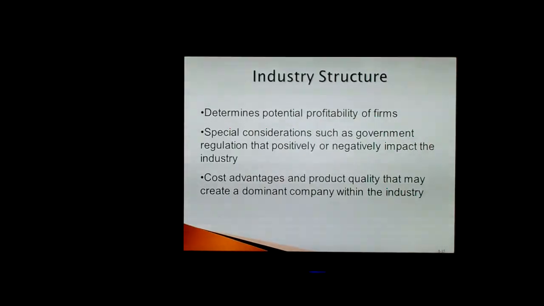Government regulations, as we know, can change things dramatically for a company. Cost advantage is pretty straightforward. If you have access to some resource or special production method that your competitors don't, that's a huge advantage, and it will be reflected in price and then your market share.